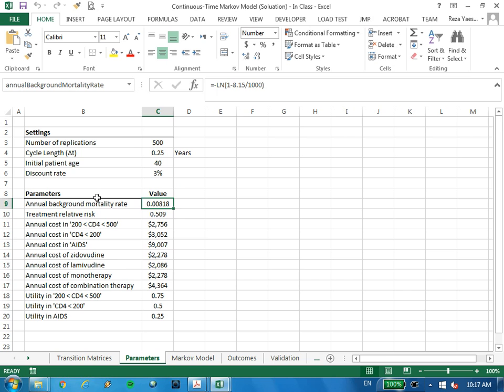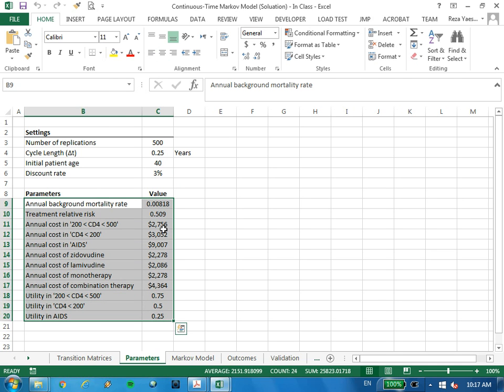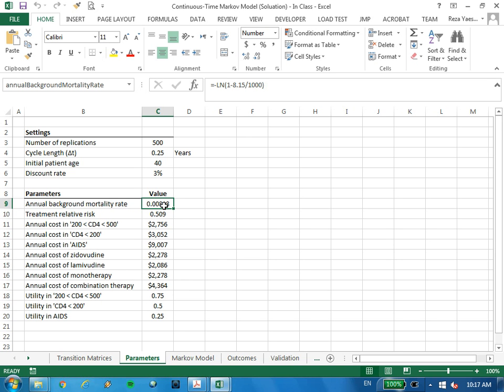Now let's have a look at the other parameters. So these are the parameters that we use data to inform. Okay? The first one is the annual background mortality rate. If you remember, we use some census data or CDC data.